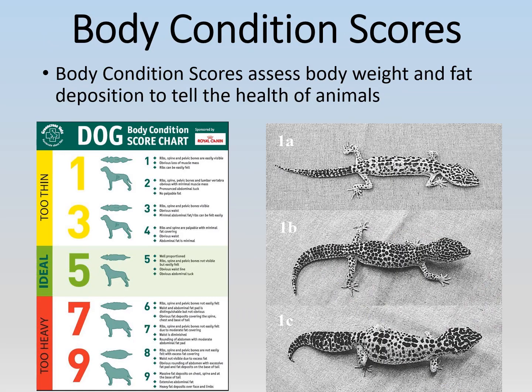I'm sure a lot of you have heard of body condition scores, if you're not already utilizing them for the animals in the zoo. This is definitely something to know about. We use body condition scores to assess body weight and fat deposition across the body to tell the health of not only ourselves, but also animals.